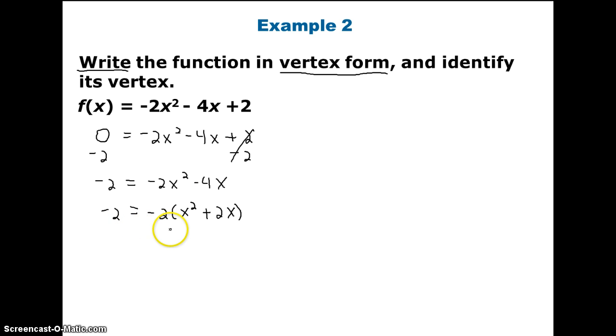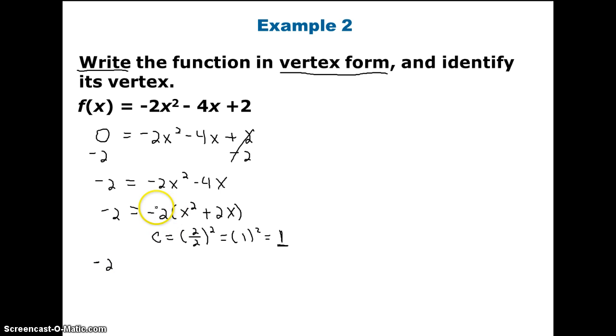So now we're going to complete the square. Notice a is 1, b is even, so to find c, you take the value of b divided by 2 and you square it. So that's going to equal 1 squared, which equals 1. So this is the number you're going to add to both sides. So I bring down the negative 2 here, minus 2.